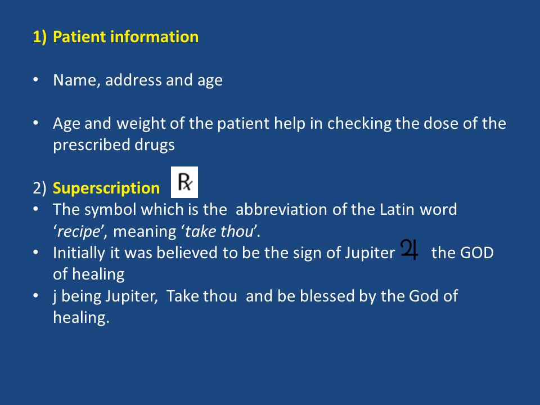So, the X part actually comes from the J of Jupiter. Thus, the superscription means take this and be blessed by the god of healing.